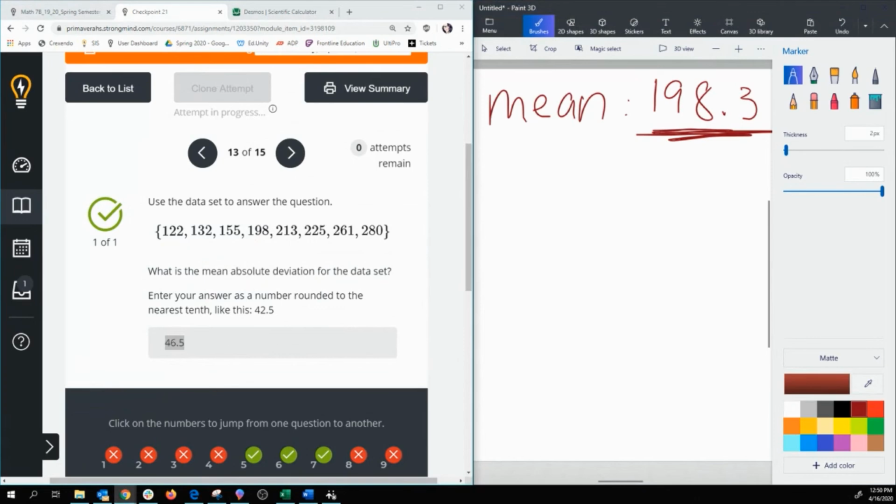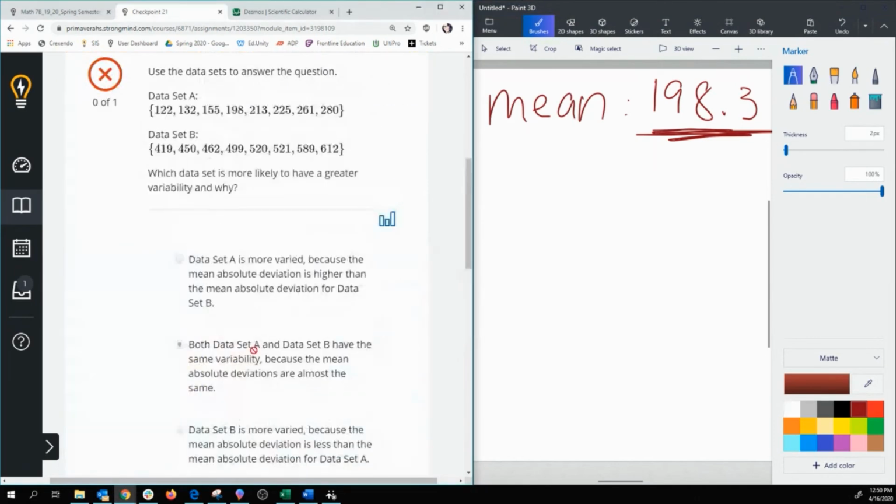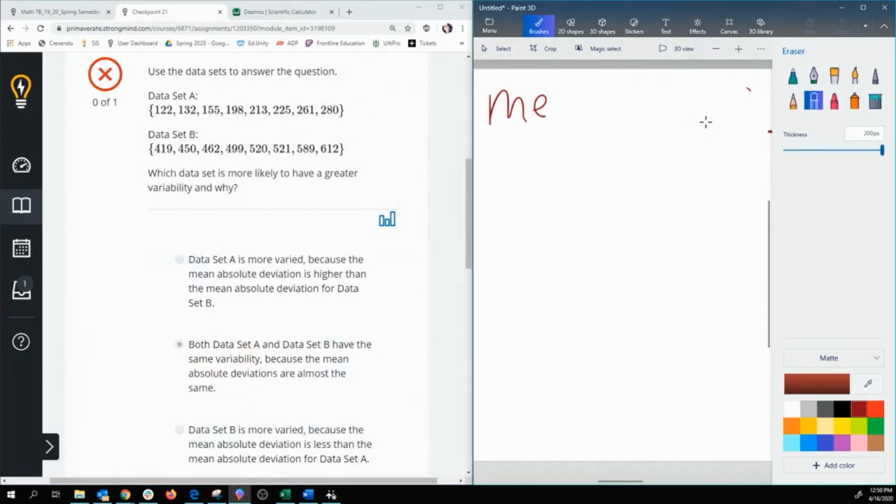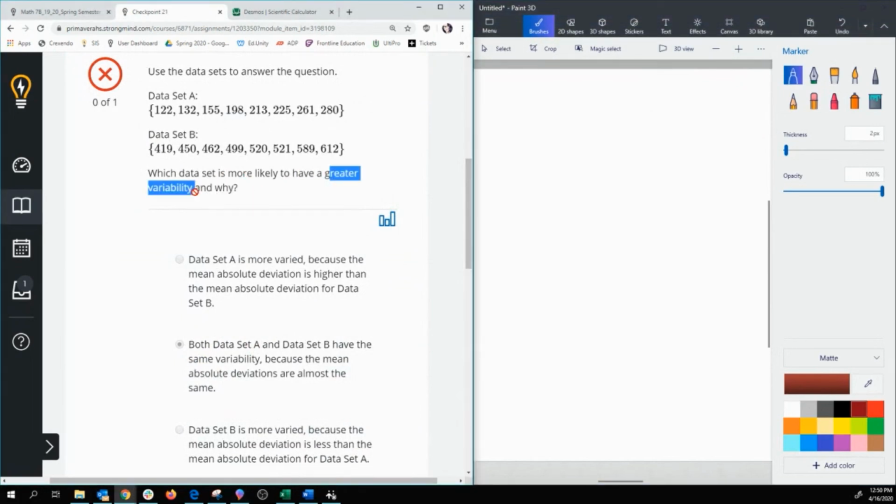Okay. And then to speed things up a bit, for this question here, we are given these two data sets and we want to know which one is more likely to have a greater variability and why. So what we would have to do for this problem is find the average of both of our data sets and then do our subtraction where we take all of our numbers and subtract it from that average, and then find the average of all of those to figure out our mean absolute deviations, because it's talking about variability, right?